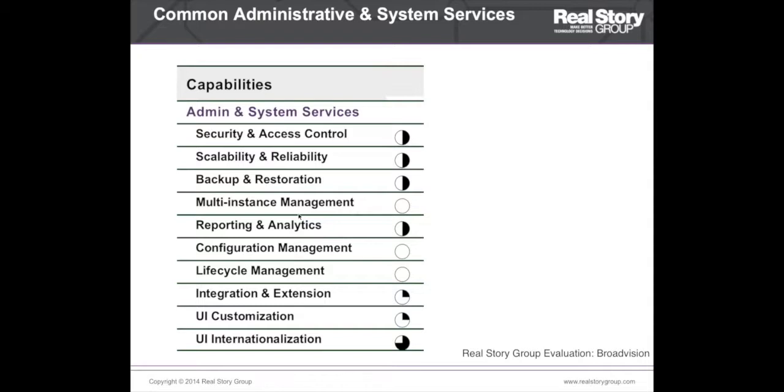This isn't always the sexiest part, but in this particular segment it leads to a lot of what we call enterprise surprise, where you implement a particular technology at a pilot level and it works okay, and then you try to scale it across the enterprise, and because it doesn't have a particularly good entitlements model, or it doesn't work well with internationalization, or there isn't particularly good configuration management, you really struggle to do it effectively at scale. And this is all the more reason why it's so critical to test these tools and simulate what your experience is going to be like against specific use cases before you just dive in and make a choice.